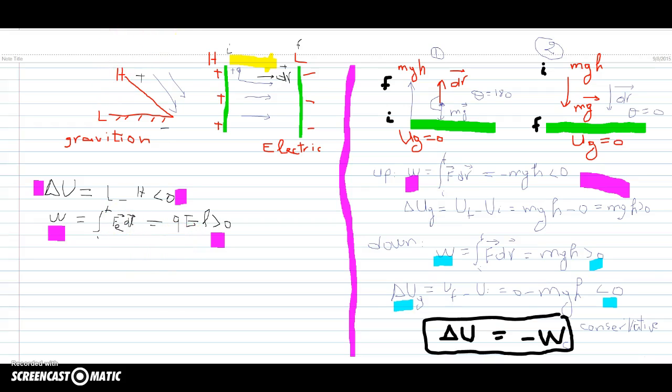Now we can do it the other way. That was from high to low potential. Now what if you do it the other way, from low to high?